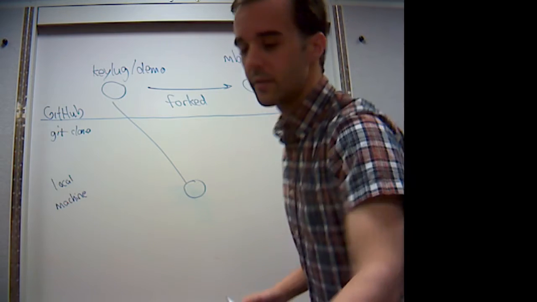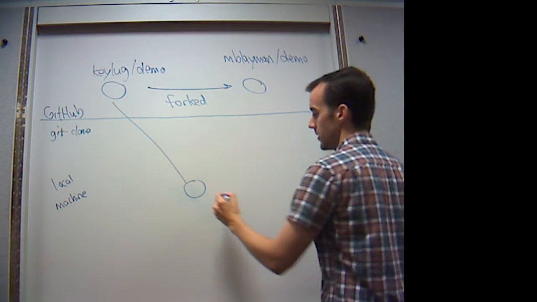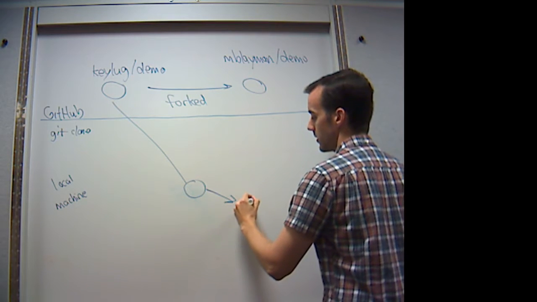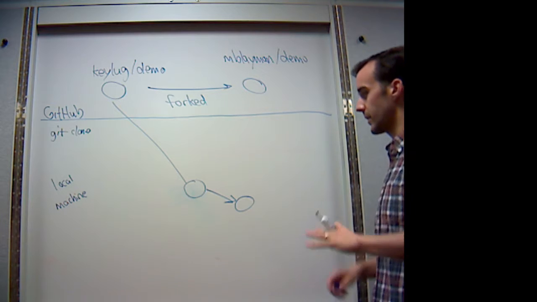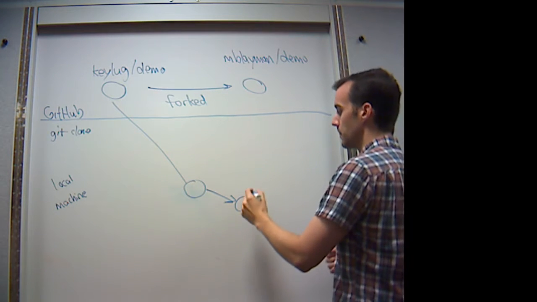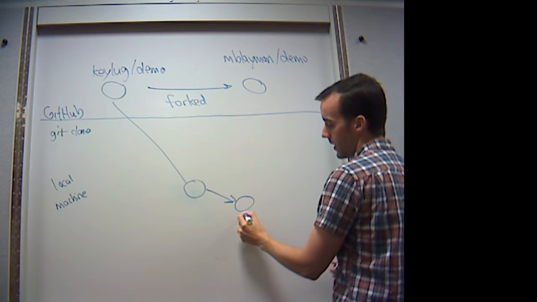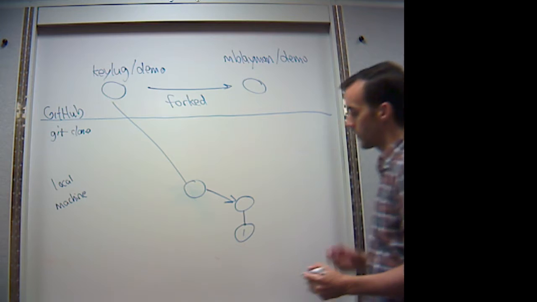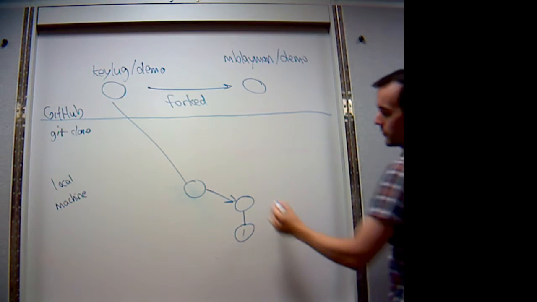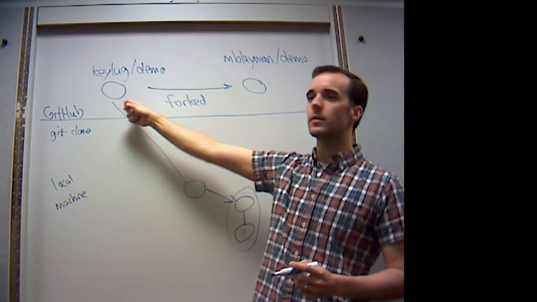So the next step was I need a branch. So I'm going to make a branch. I won't bother explaining, it's just a pointer, but whatever. So here's my branch, and I do my fix. Right there. And so this branch is what I ultimately want to get up in here.